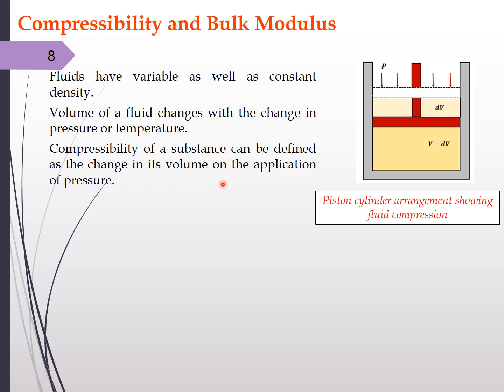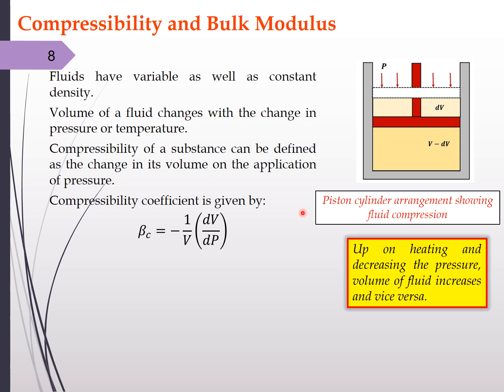So compressibility of a substance can be defined as the change in its volume on the application of pressure. Basically, compressibility is given by the compressibility coefficient, which equals minus 1 by V dV by dP. This signifies the change in volume on the application of pressure, or it may be due to temperature also.